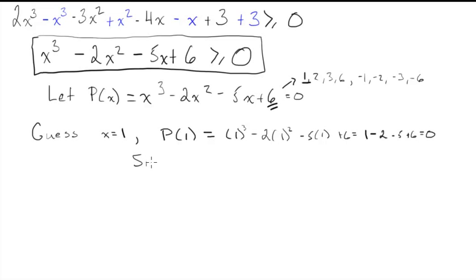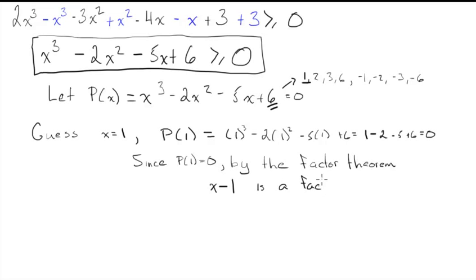Since p of 1 is equal to 0, by the factor theorem, that means that x minus this number here, x minus 1, is a factor of p of x.